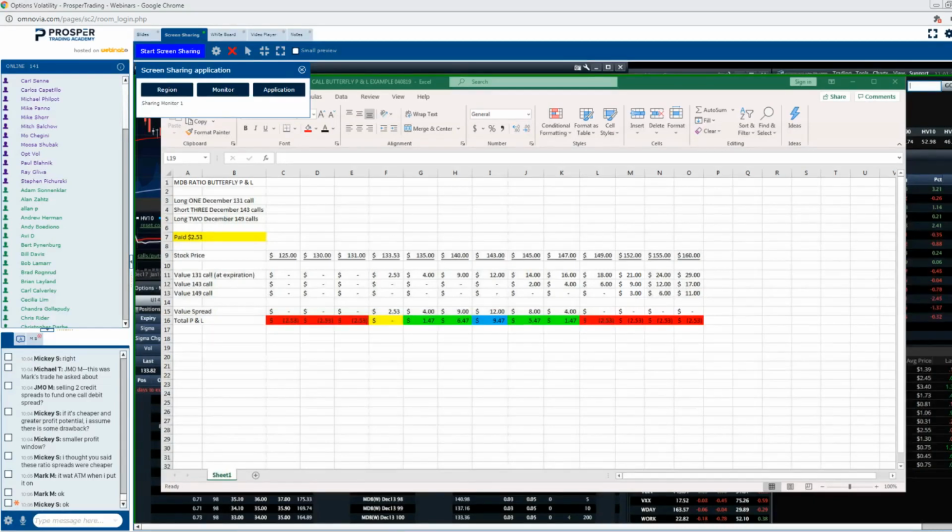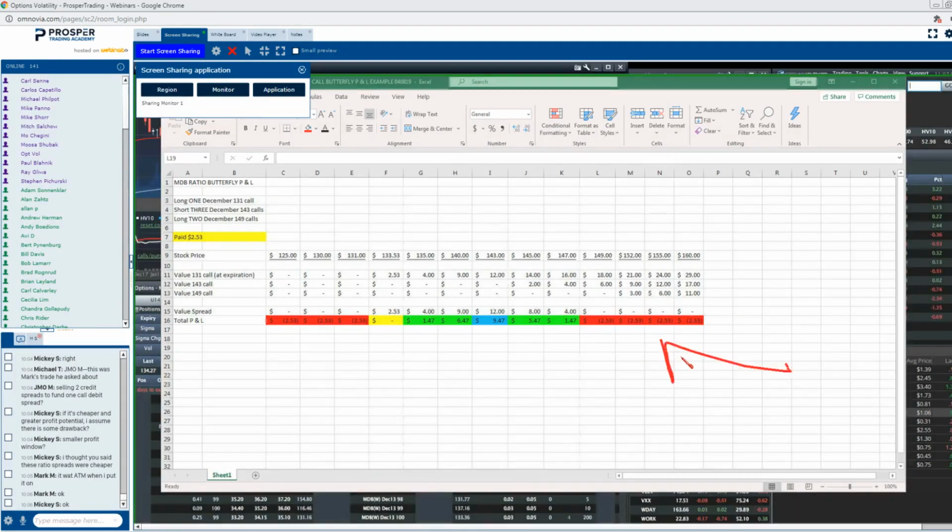But it's really important the way that Mark set this up in terms of the strikes that he used, because if he would have used other strikes or set up the ratio differently, he could have had a different risk profile so as he could have lost more money to the upside. To the downside, if all the strikes go out worthless, out of the money, you can only lose what you pay.